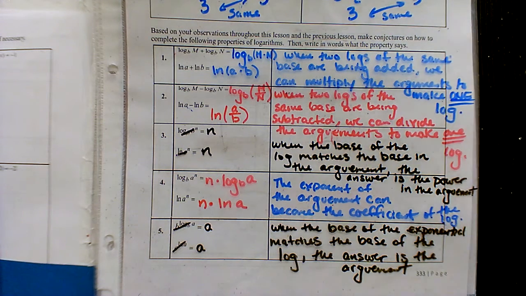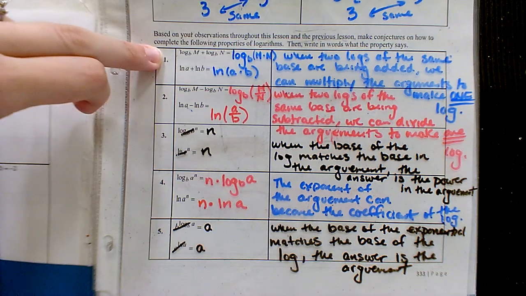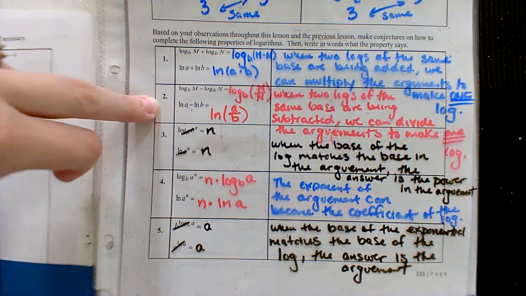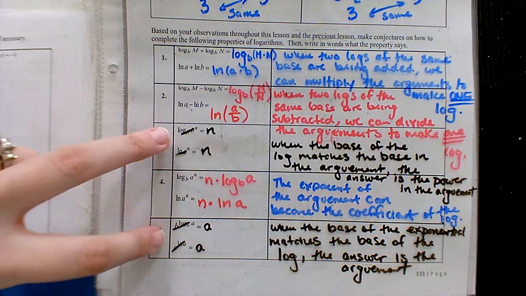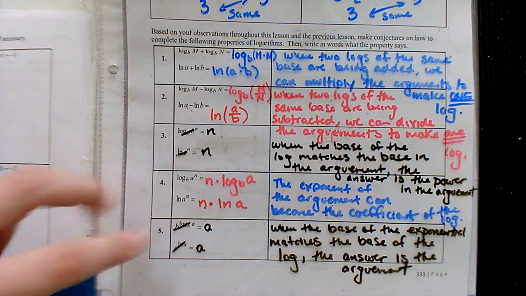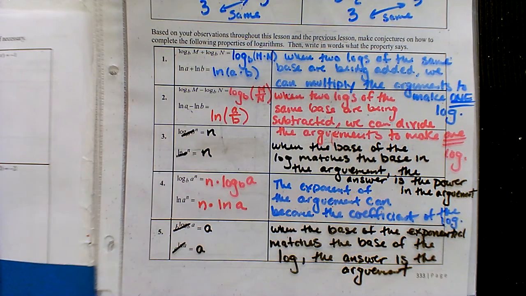All right, so we have 5 properties of logs that we're going to practice today and tomorrow. If we're adding 2 logs together with the same base, we can multiply the arguments. If we are subtracting logs with the same base, we can divide the arguments. If we happen to notice that logs and exponentials have the same base, they simply cancel each other out, and we're left with either the power or the argument, whatever is left over in that case.